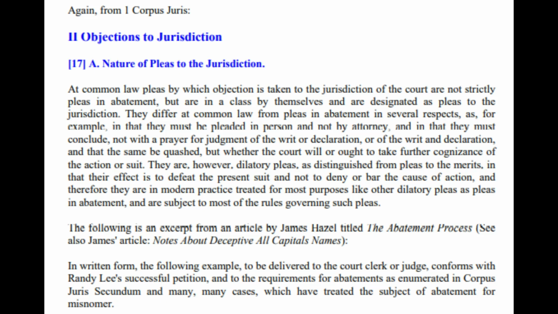They differ at common law from pleas in abatement in several respects, as for example, in that they must be pleaded in person and not by attorney, and in that they must conclude not with a prayer for judgment of the writ or declaration, or of the writ and declaration, and that the same must be quashed, but whether the court will or ought to take further cognizance of the action or suit. So if they're even going to recognize it or hear it.